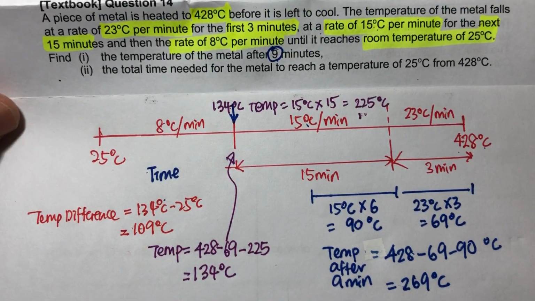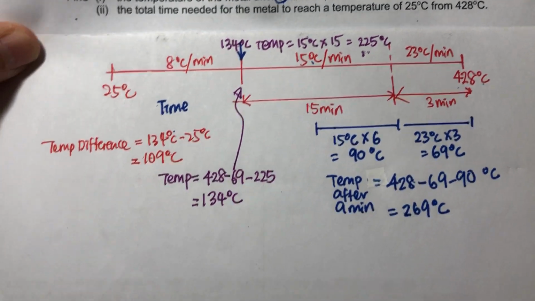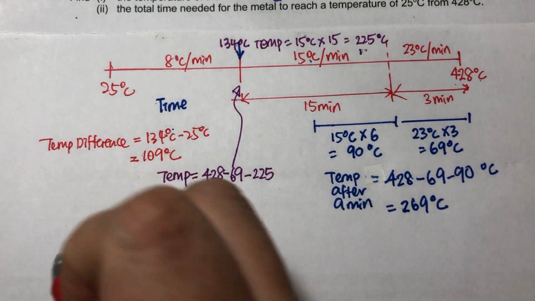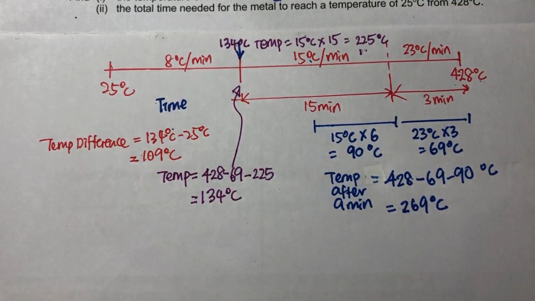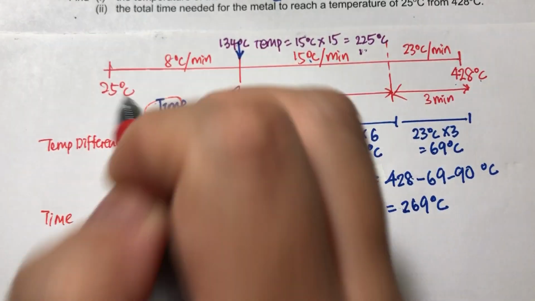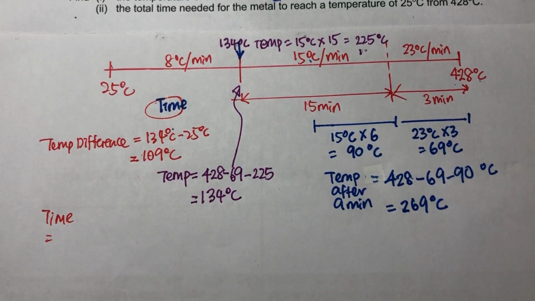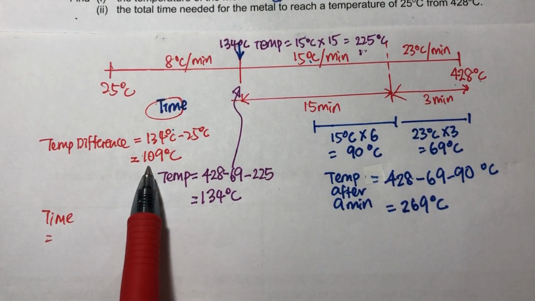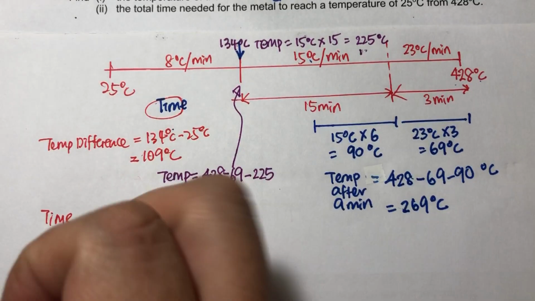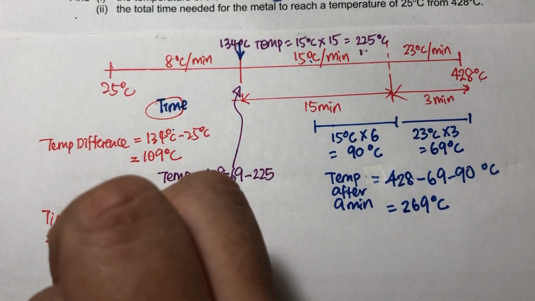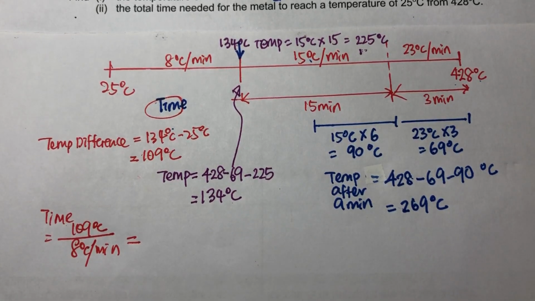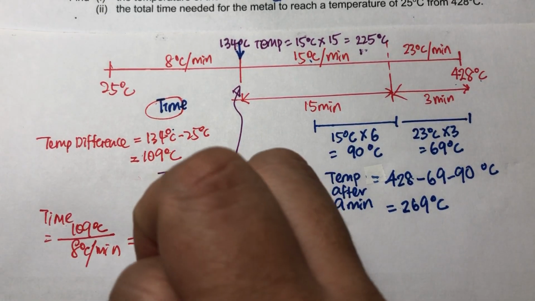So now we know the temperature difference, the change in temperature, and we know the rate. Hence, to find the time taken, which is this time taken, it will be the temperature difference divided by the rate, which will give us this time.